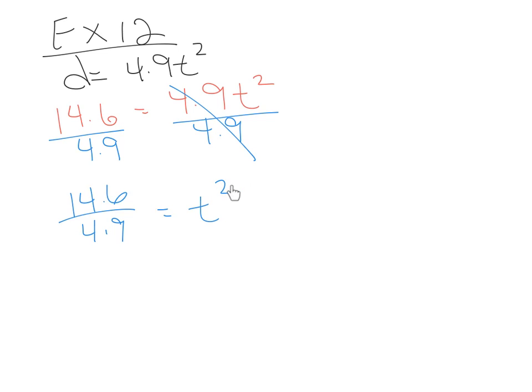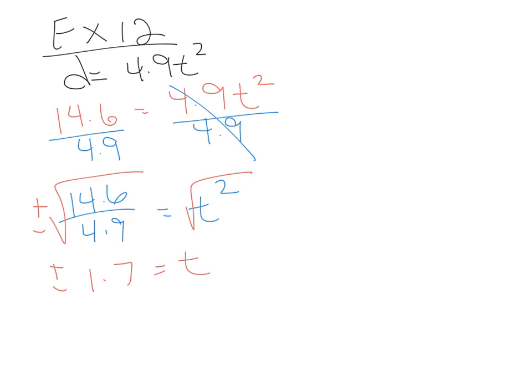To get rid of this square, we'll use the square root. When we do that, this is going to be positive negative. So you can plug all this into your calculator. It's not a big deal. Looks like it comes out to be 1.7, positive and negative 1.7, but this is a word problem.